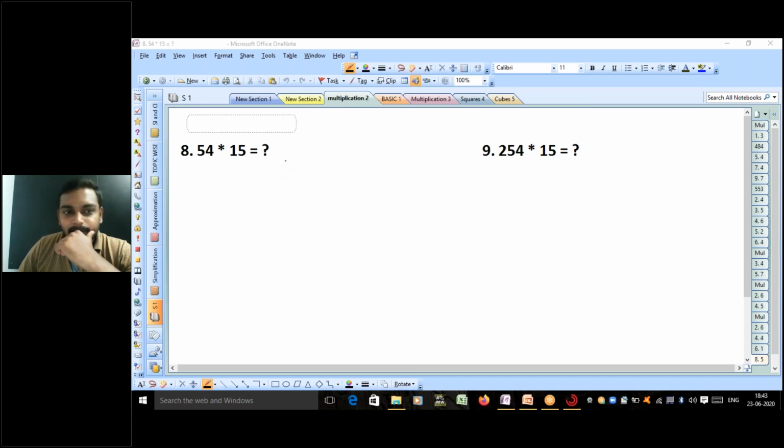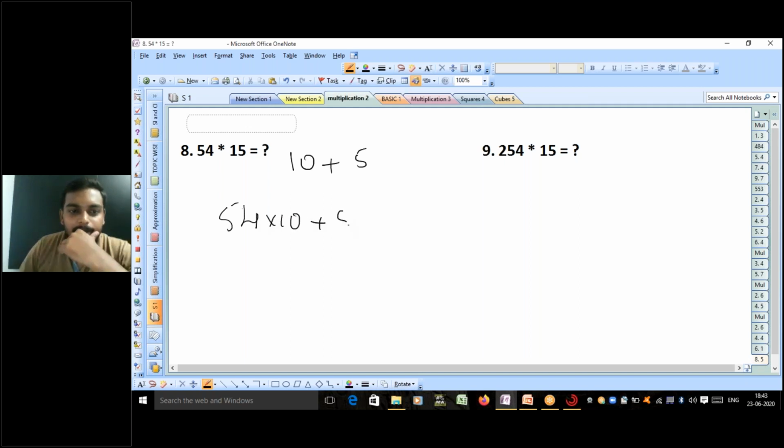If you have a number multiplied by 15, just take it as 10 plus 5, or 10 plus 10 by 2. So first we have to multiply the number with 10 plus 54 into 10 by 2. 15 is nothing but 10 into 10 plus 5.